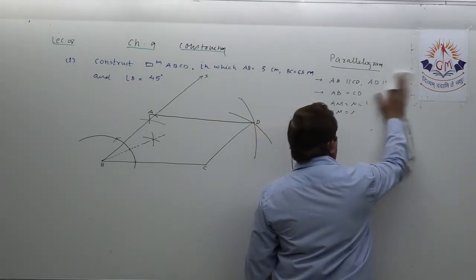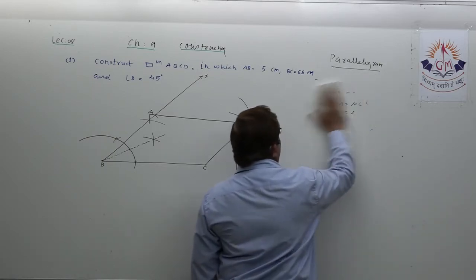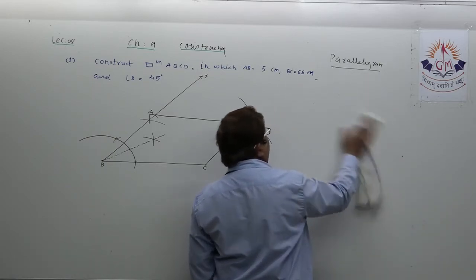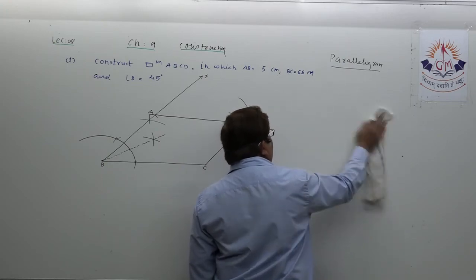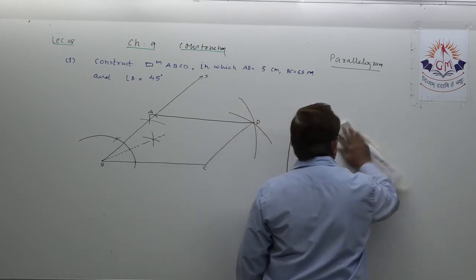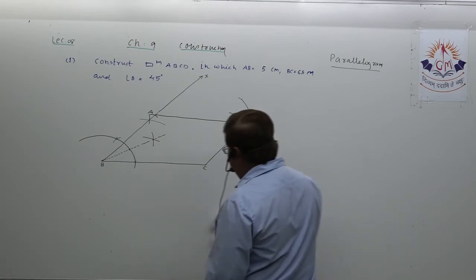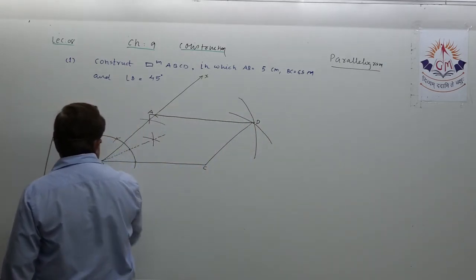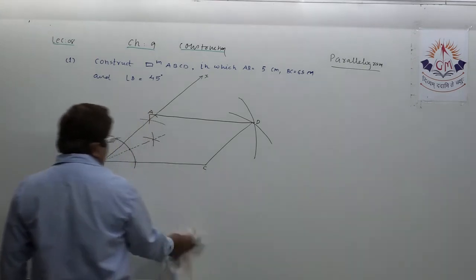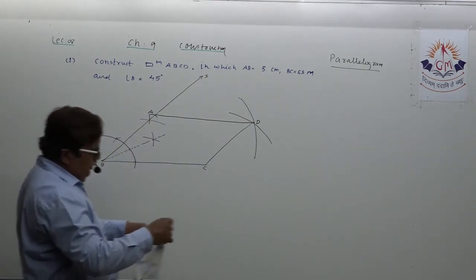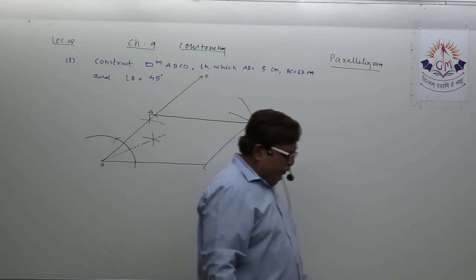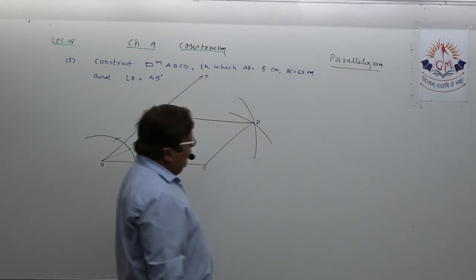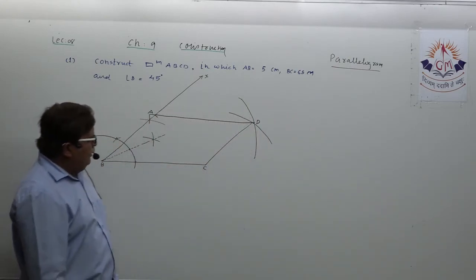Every time, dear student, whenever you draw the construction of a parallelogram, these three properties which we have mentioned just now, you need to keep in mind. Which are those properties? Opposite sides are equal, opposite sides are parallel, diagonals bisect each other.